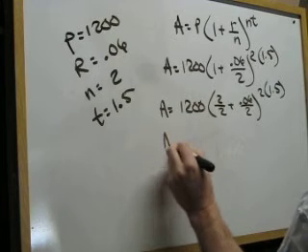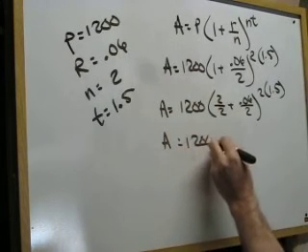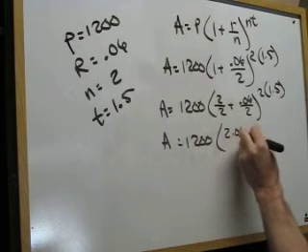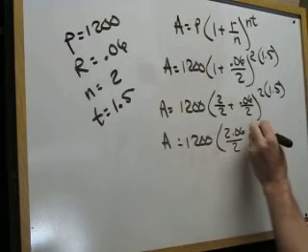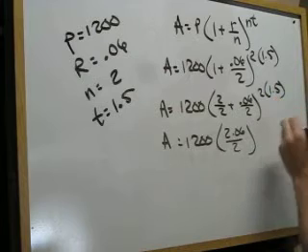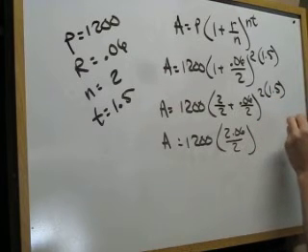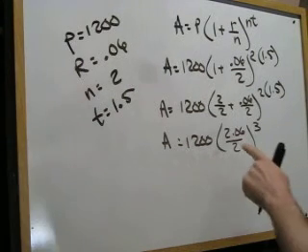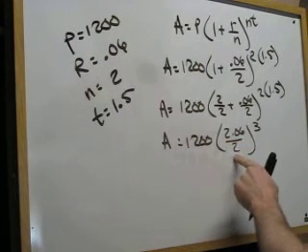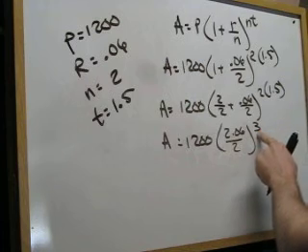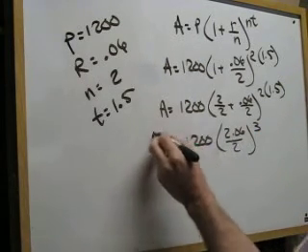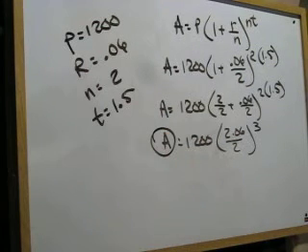We'll do it the old-fashioned way, it looks like. 2.06 over 2. 2 times 1.5 is 3. So I'm going to take a calculator and do 2.06 divided by 2. And I'm going to cube it, multiply it by itself 3 times, multiply that by 1200, and that will give me my A there.